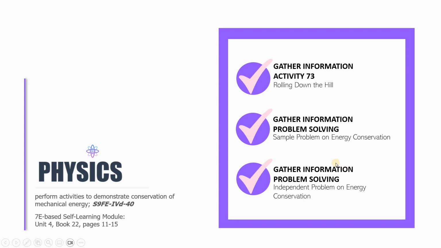Remember that in this video lesson, we are training ourselves to be capable of performing activities to demonstrate the conservation of mechanical energy. Everything discussed here could be found in the 7E-based self-learning module in Science 9, particularly in Unit 4, Book number 22, pages 11 to 15.